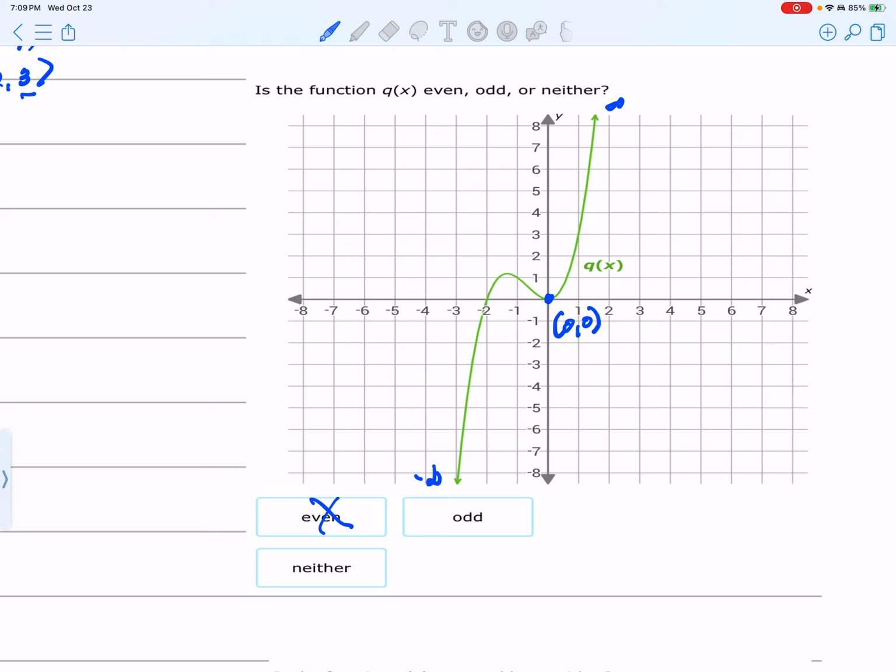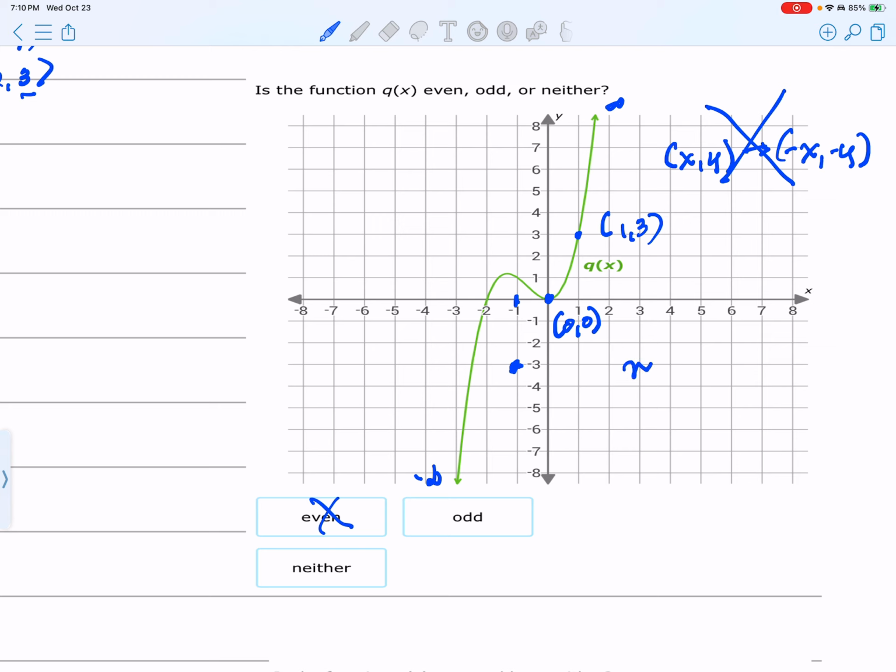Does xy map to negative x, negative y? Let's look at this one. If I choose this, this is 1, 3. So I need a negative 1 and negative 3. The other one should be at this point, but we cannot find it. So that means this is not odd.